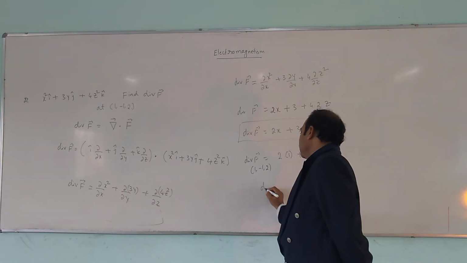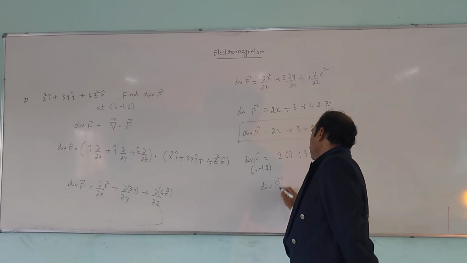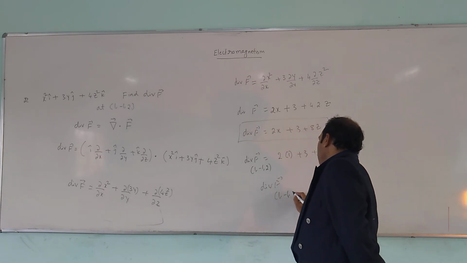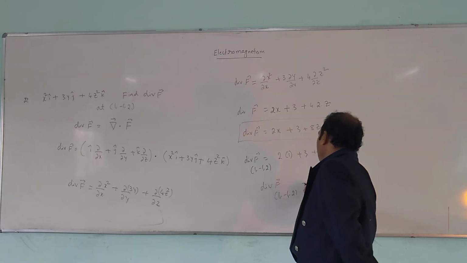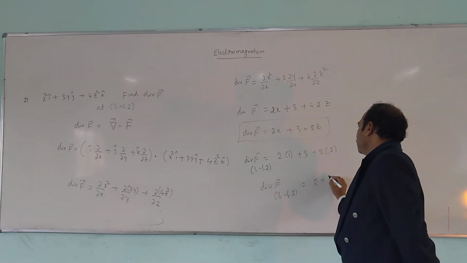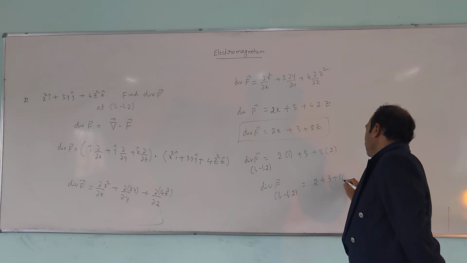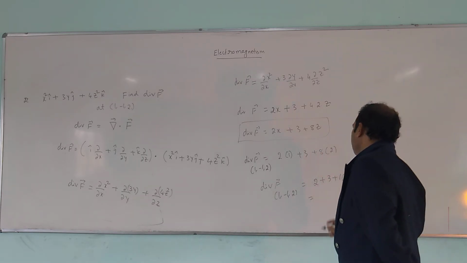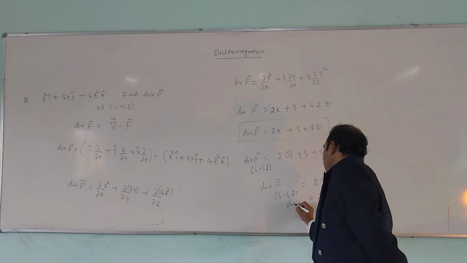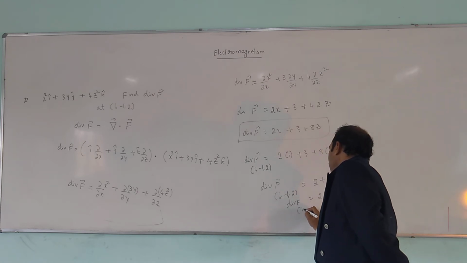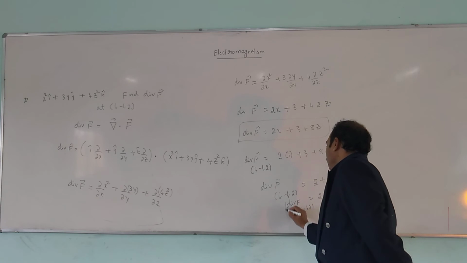So divergence of f at 1 comma minus 1 comma 2 is 2 plus 3 plus 16, which is equal to 21. This is the value of divergence of f at that point.